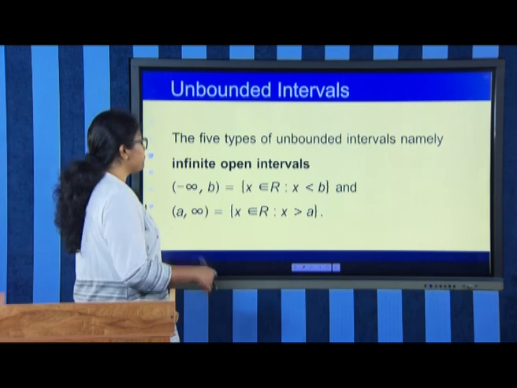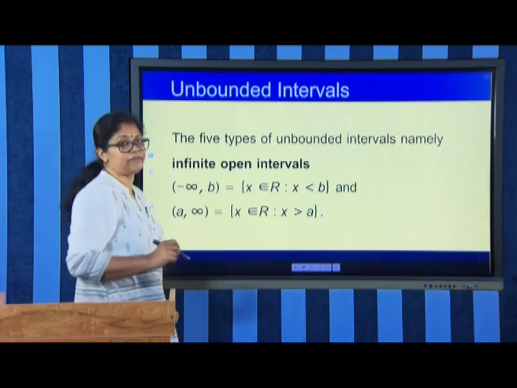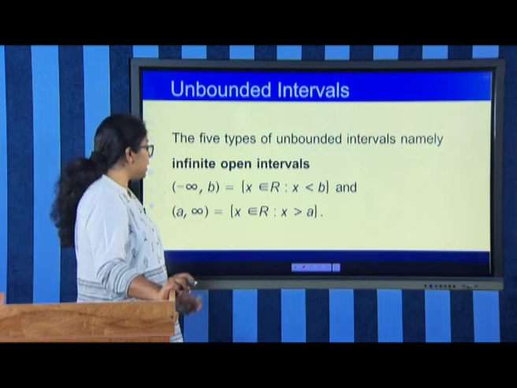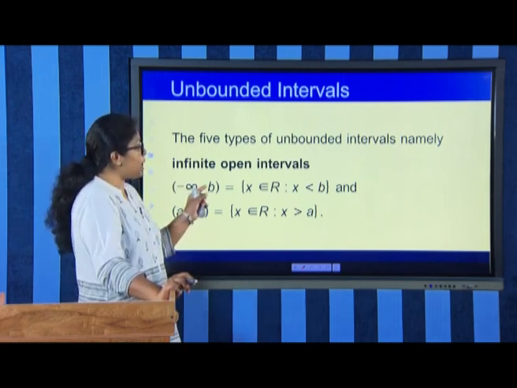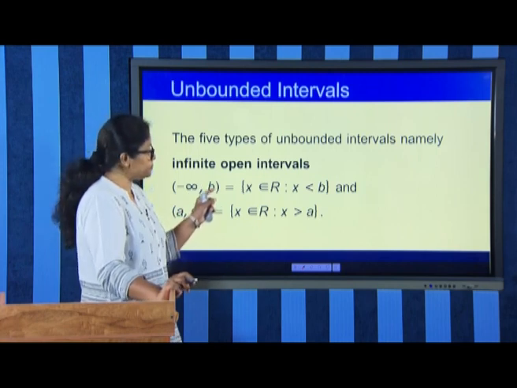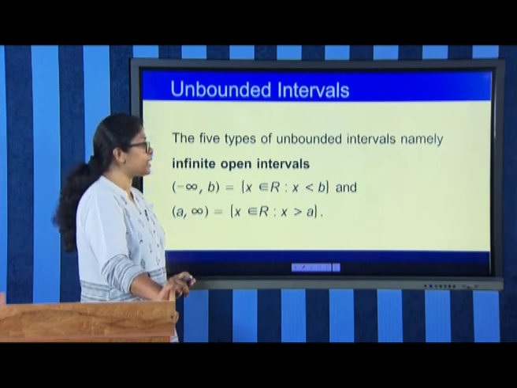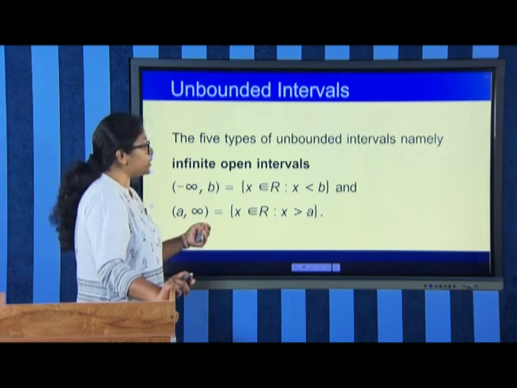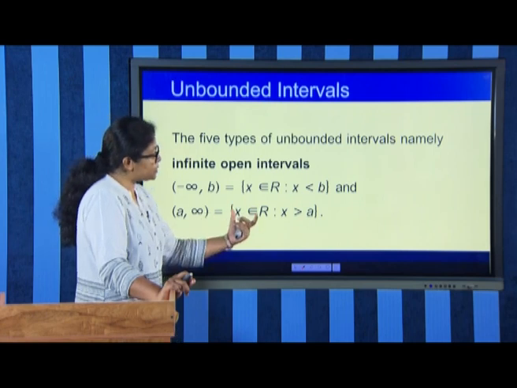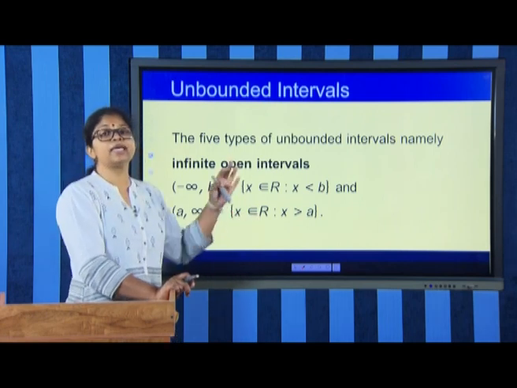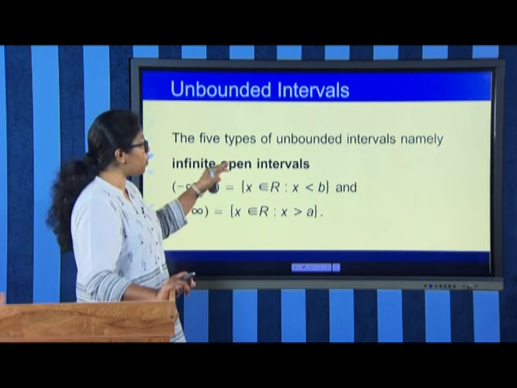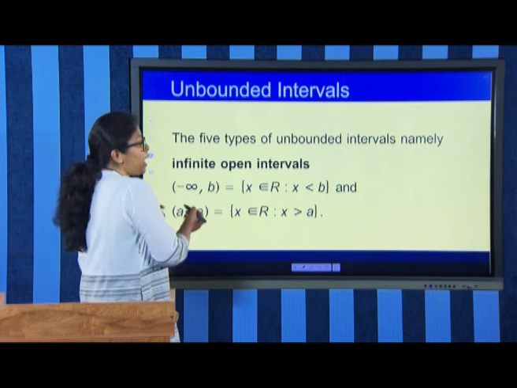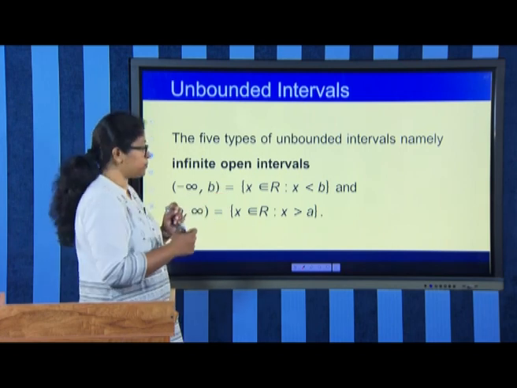For example, there are infinite open intervals, which are also called open rays in some textbooks, like negative infinity up to b, defined as the set of all real numbers strictly less than b, and a to infinity, the set of all real numbers strictly greater than a. These are called infinite open intervals because they exclude the upper bounds and the lower bounds.